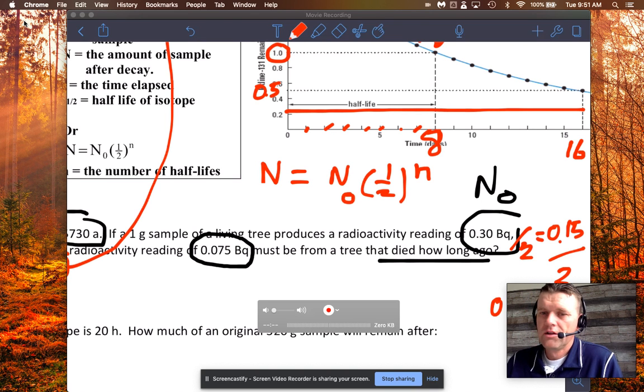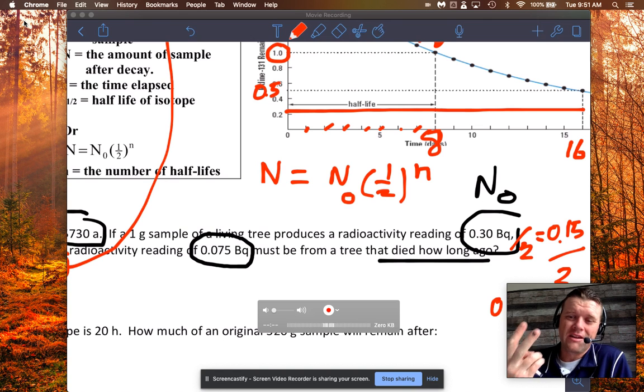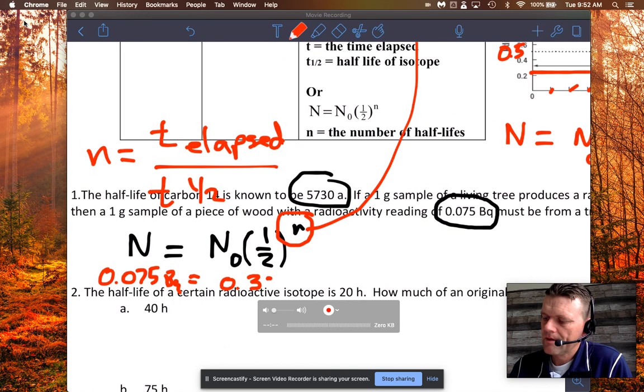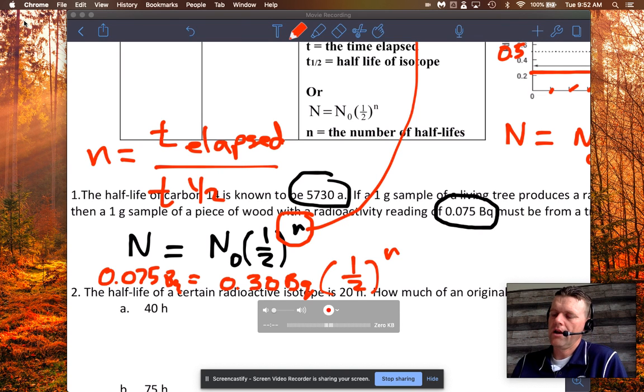And there it is, 0.075. So then you look at it like, oh, I divided the original sample by 2 twice, so that means there are 2 half-lives. If you look at this, you could easily substitute in the original amount and the remaining amount. The amount remaining would be 0.075 BQ, and the original amount was 0.3 BQ, but that's going to be times 1/2 to the n.